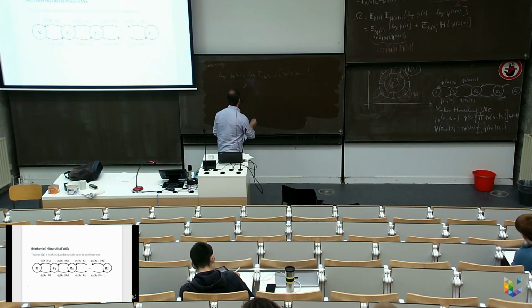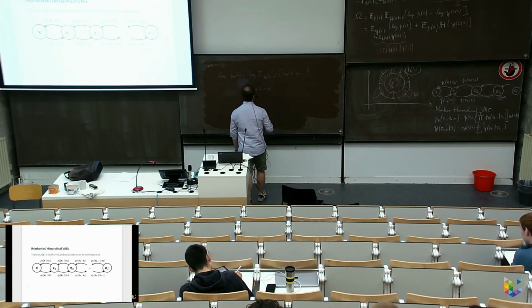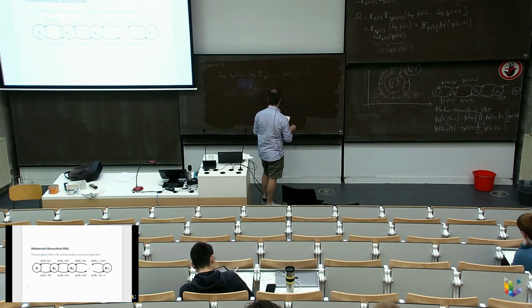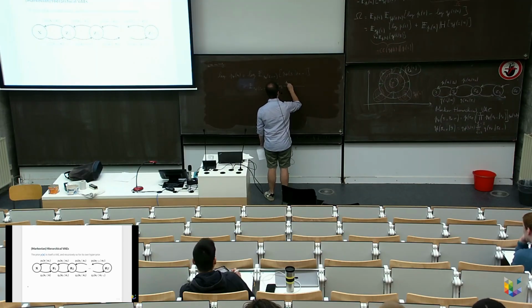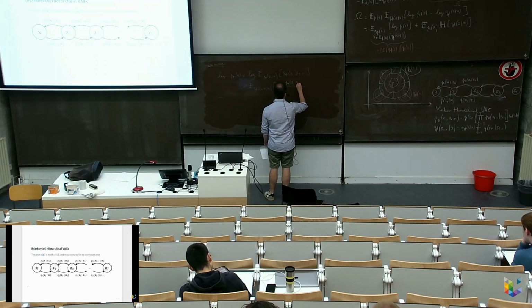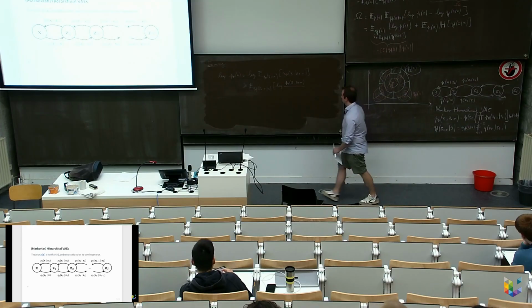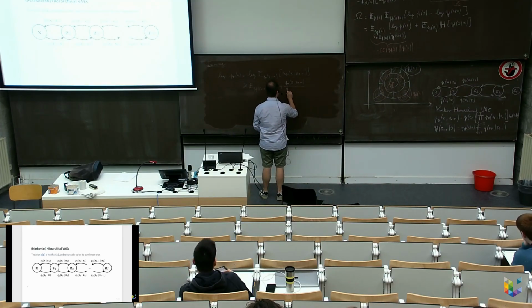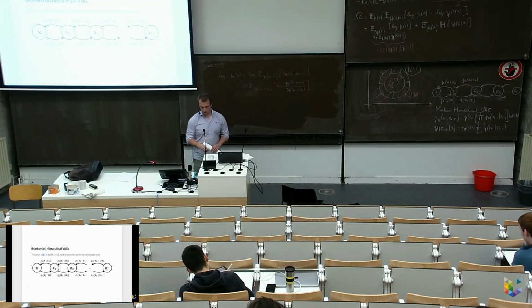Okay, and the ELBO would say that you have to maximize the expectation over the variational distribution of the log of the ratio of the joint over the variational distribution. Okay, and this is again the ELBO.